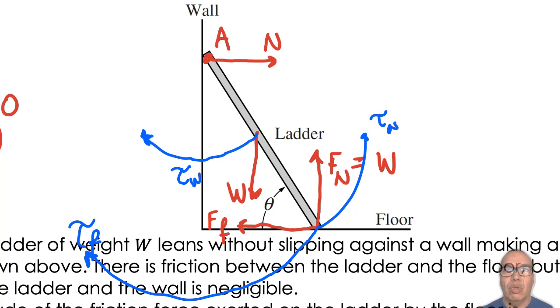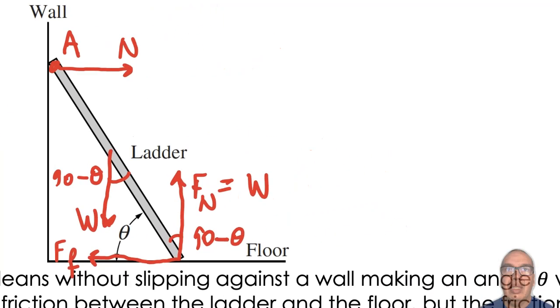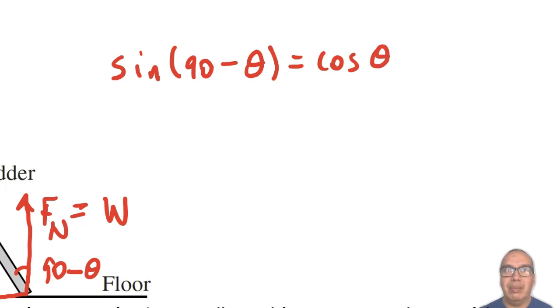Also, the torques for the weight and the normal force involve the angle 90 minus theta, because the forces are vertical. However, sine of angle 90 minus theta is the same as cosine of angle theta.